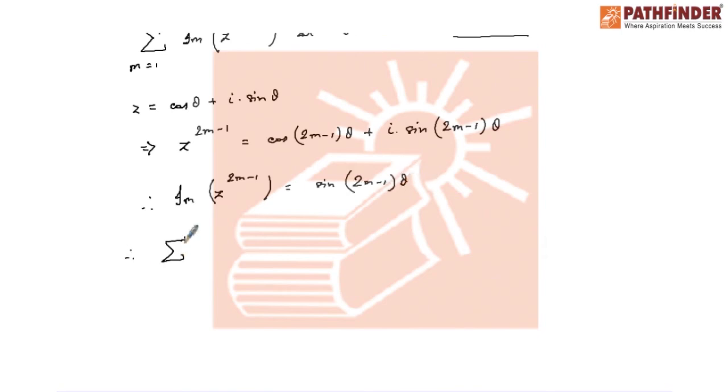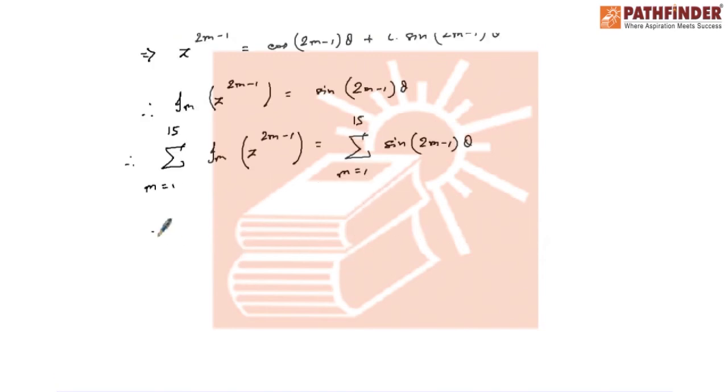Therefore, summation m equal to 1 to 15 imaginary part of z to the power 2m minus 1 is equal to summation m equal to 1 to 15 sine (2m minus 1) theta, which is equal to sine theta plus sine 3 theta plus sine 5 theta up to 15 terms.